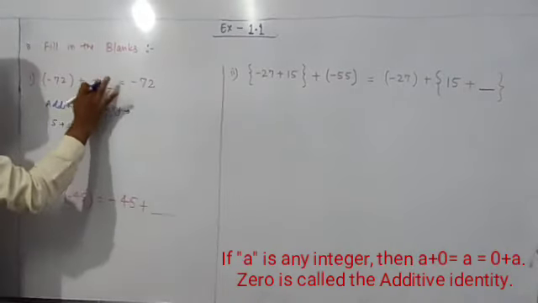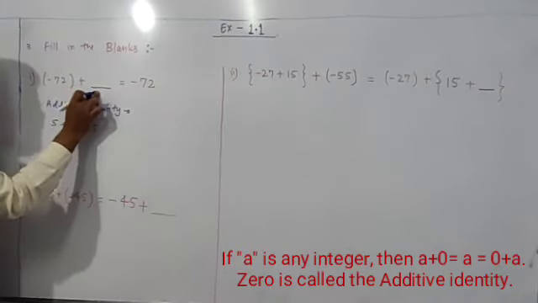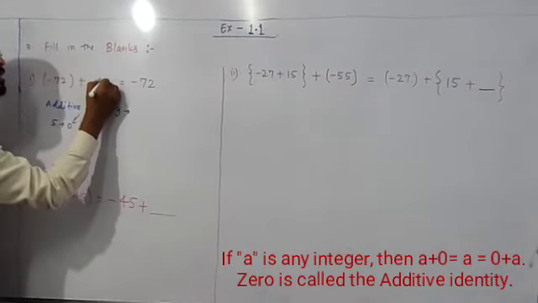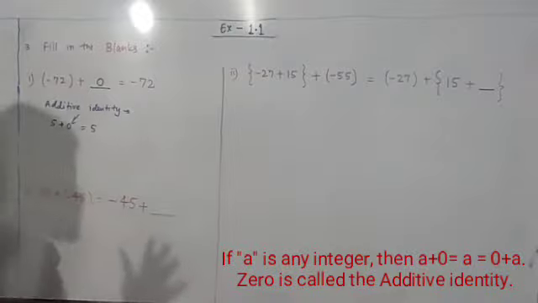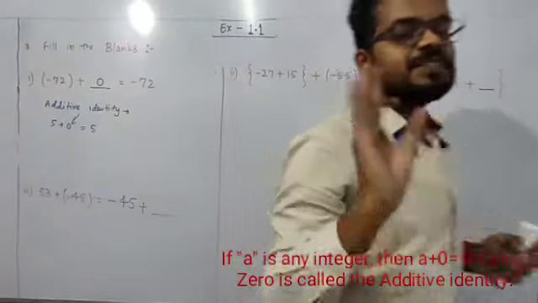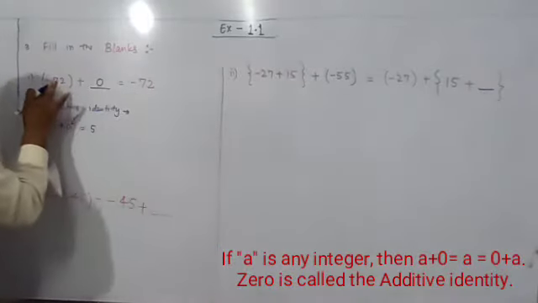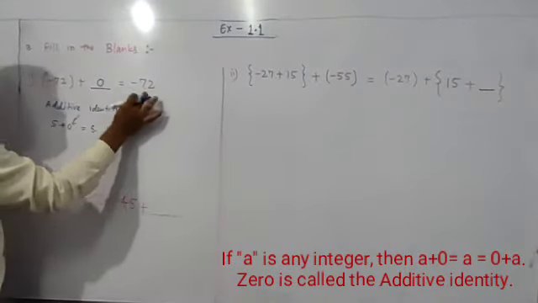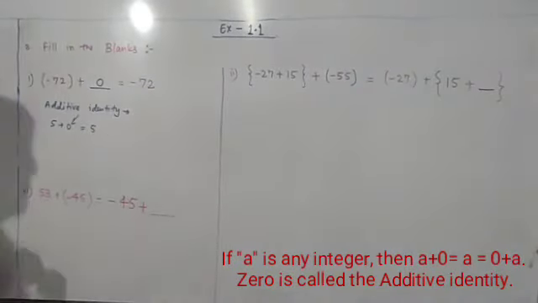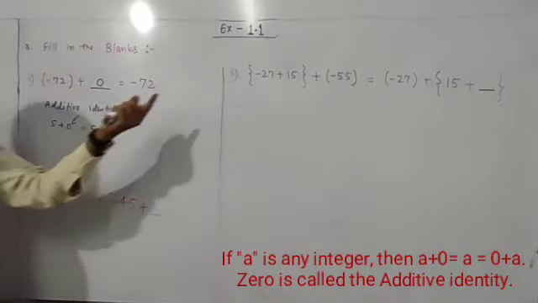So what we write in the blank is 0, because something added with 0 is always the same number. Okay, so minus 72 plus 0 is equal to minus 72.